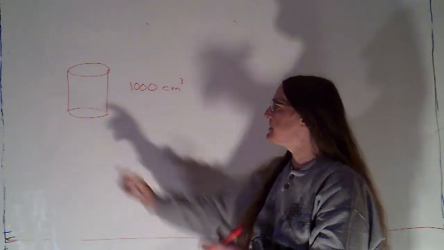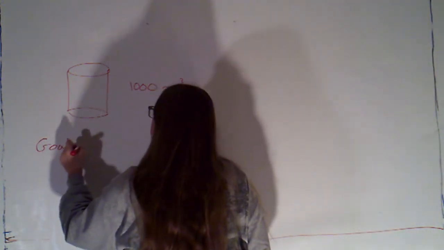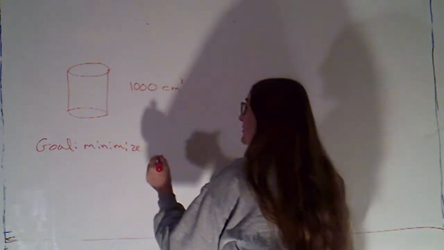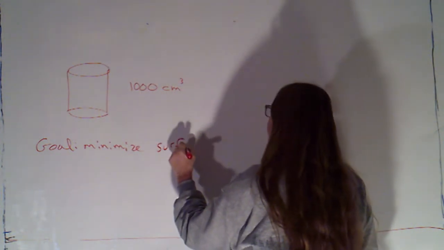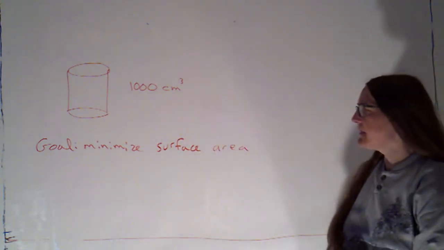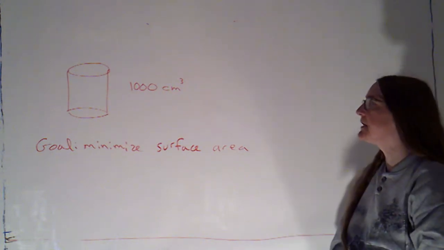So they've decided their goal is to minimize the amount of material needed to build one of these things, which basically means minimize the surface area. That would be the amount of material required to build this cylindrical container.